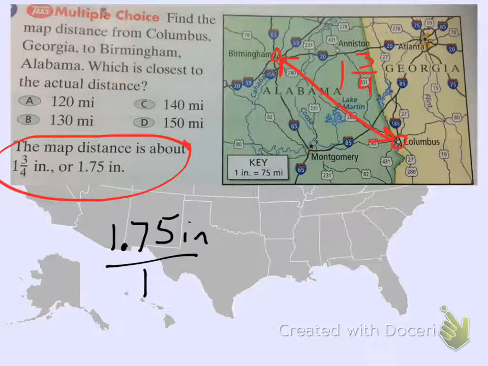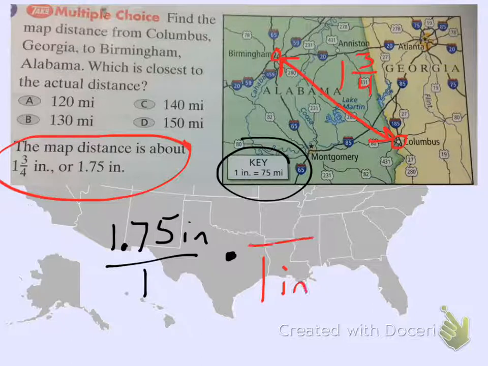So remember conversions? We have to multiply this by something that will convert 1.75 inches to miles. Well, here's the key. It tells us that 1 inch equals 75 miles. Now I want my inches to disappear, so I'm going to put them down here. 1 inch, and then 75 miles up here. Because remember, when we're converting, units cross out. So inches cross out with inches, and now you multiply.